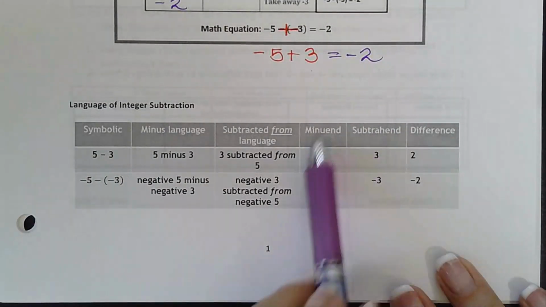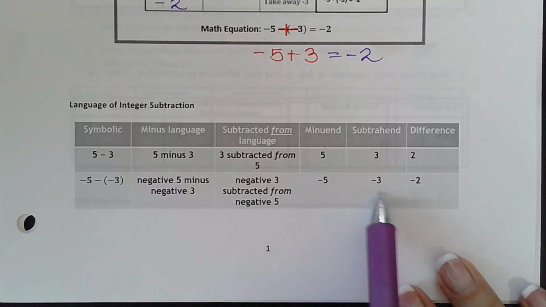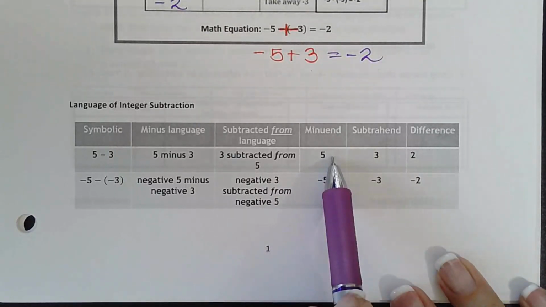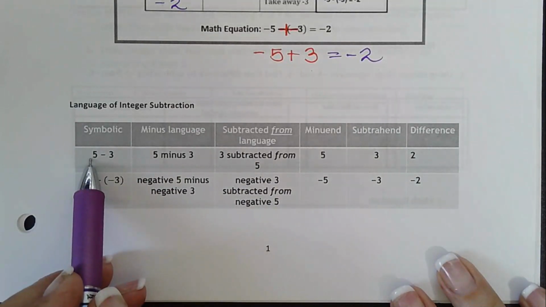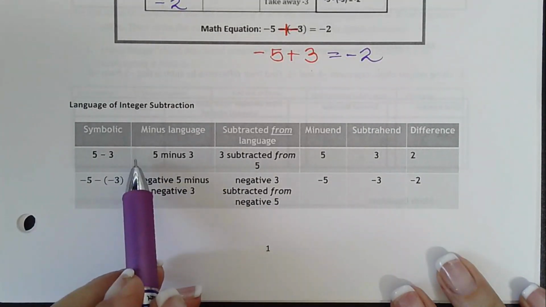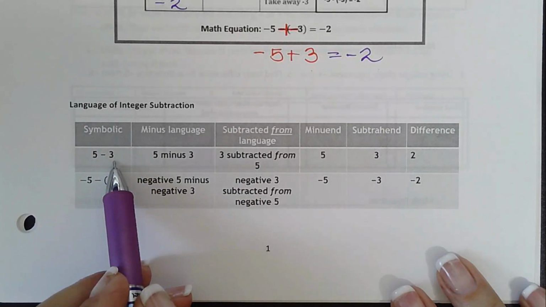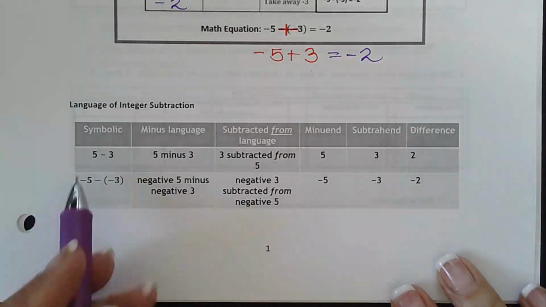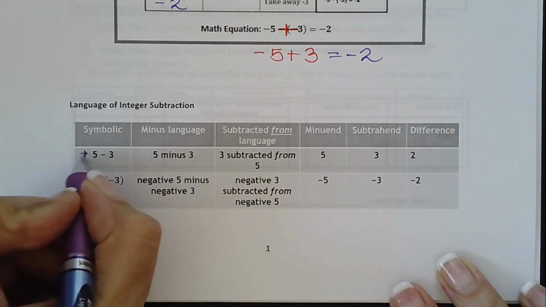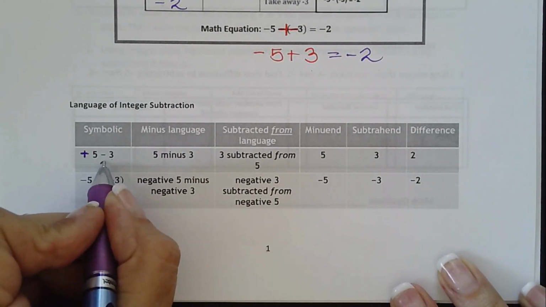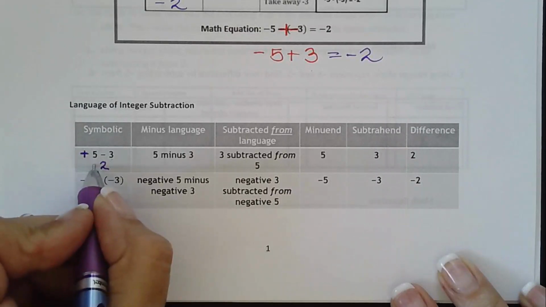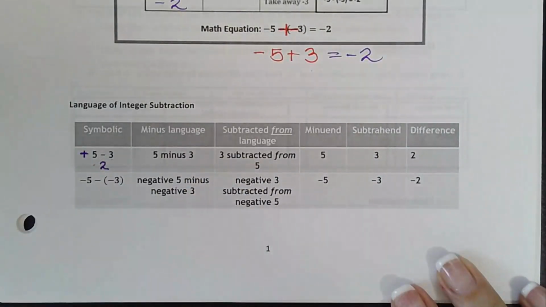And I don't know that you'll ever have to know these. Like, I don't remember them. I look here to remind me what they are. So the first number is called the minuend. The second number after the subtraction sign is called the subtrahend. And when we have a +5 and a -3, the signs are different. So we subtract and keep the sign of the larger, +2.